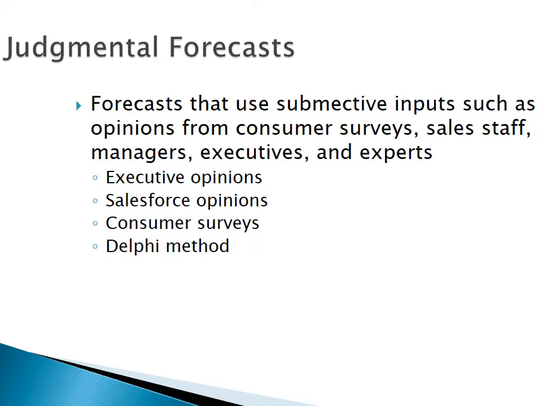There are also some other techniques like judgmental forecasting, which includes executive opinion, sales force opinion, consumer survey, and the Delphi technique. Each of these techniques is based on individual opinion, either of the executives, the sales force, or the consumers, and in the Delphi technique, it is the opinion of experts, and it takes place in a number of stages or sequence.